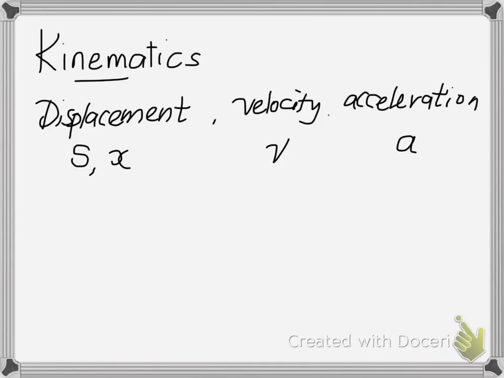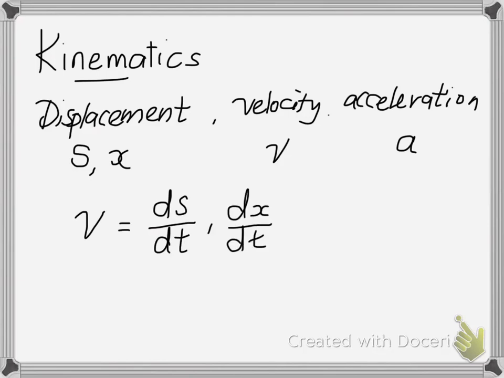So the velocity is now the rate of change. So what is changing here? It must be a displacement, right? Since we use the letter x, you can also write this as dx dt.